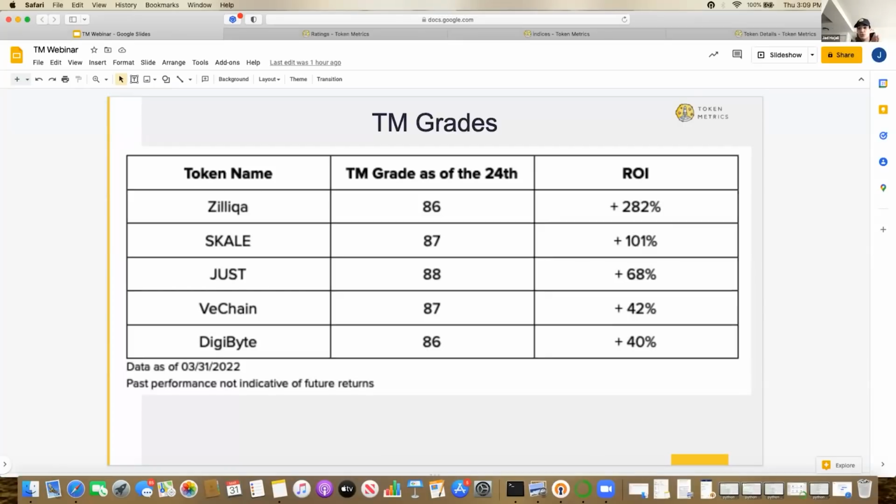So based purely on the TM grade, we were able to flag Waves at $12, and it was being picked consistently in our portfolios all the way up to very recently. Waves is a good example, as well as Zcash, which also started popping up in our indices at around $130 or $140 and was held all the way up to $190.